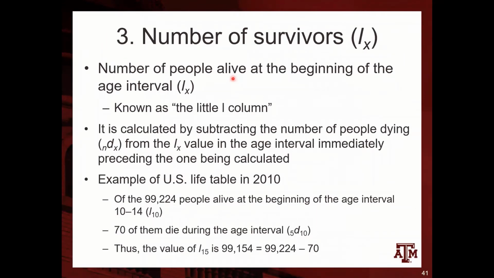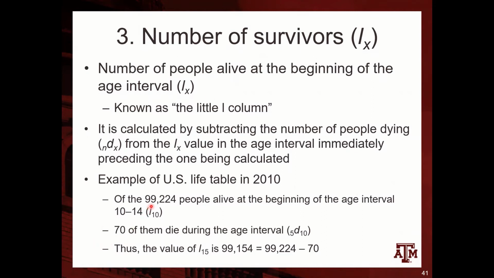Next column, the number of survivors, the number of people alive at the beginning of the age interval, known as the little L column. That's actually what demographers call it, the little L column. It is calculated by subtracting the number of people dying from the LX value in the age interval immediately preceding the one being calculated.